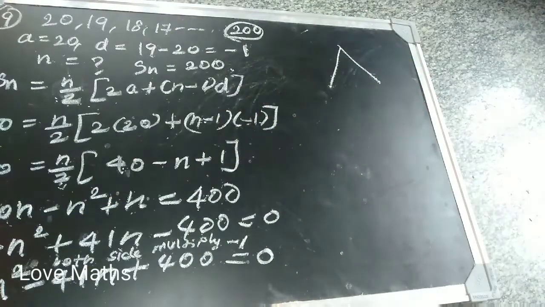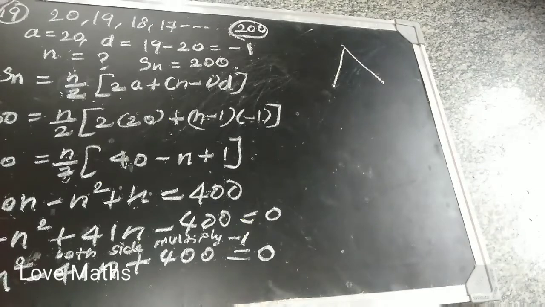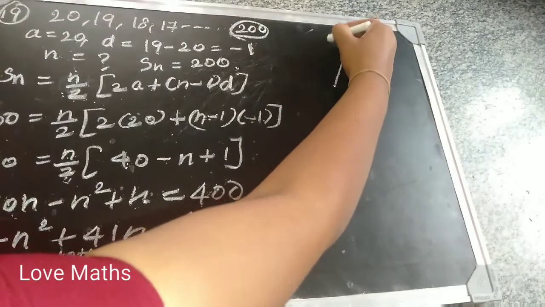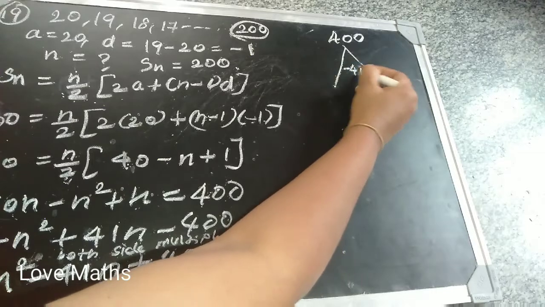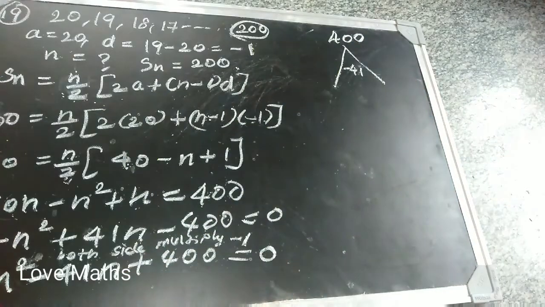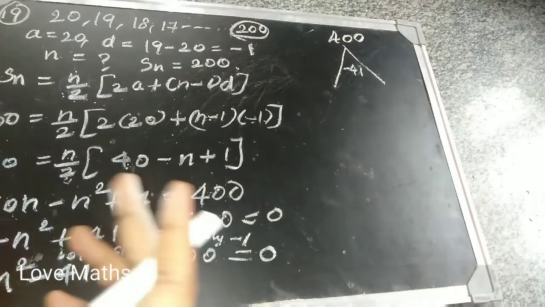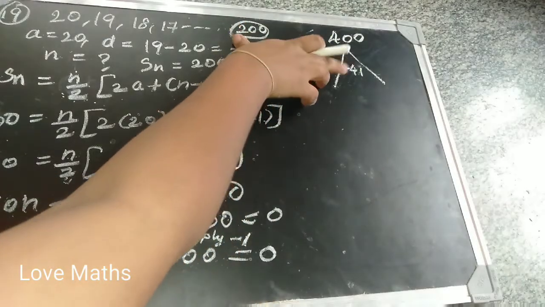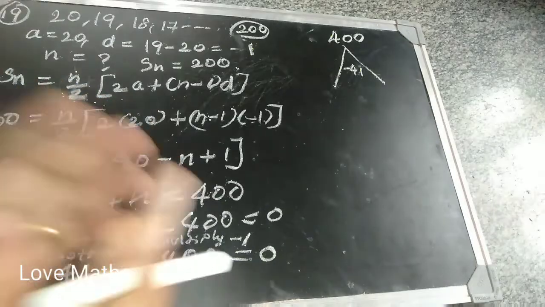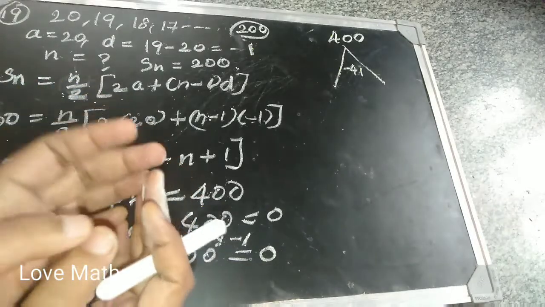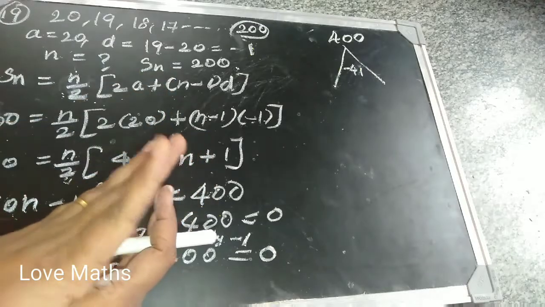So n squared, there is no coefficient, so the meaning is only 1. 1 into 400, 400. In the center you should write minus 41. If I multiply two numbers, I want to get 400, but the addition, because it is negative, means both numbers are negative. So if I add, I want to get 41, but if I multiply, I want to get 400.